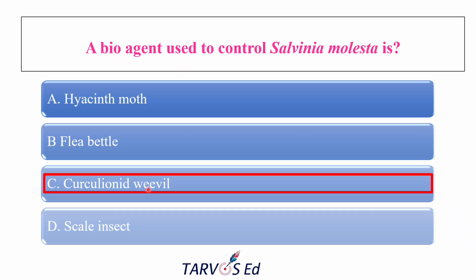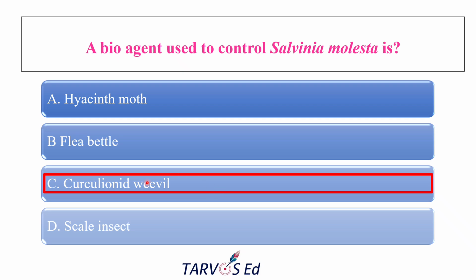Since it feeds on the plant, it causes the plant to sink and die. This insect is host specific, which means it will feed on Salvinia molesta only. So it doesn't attack other plants.